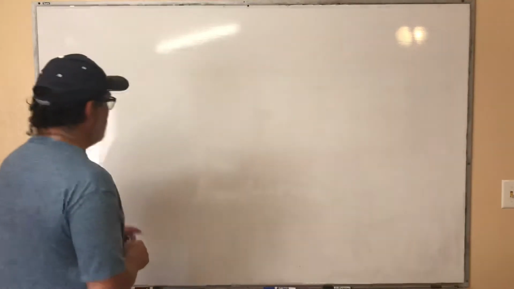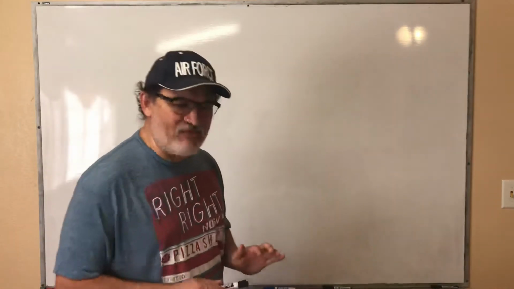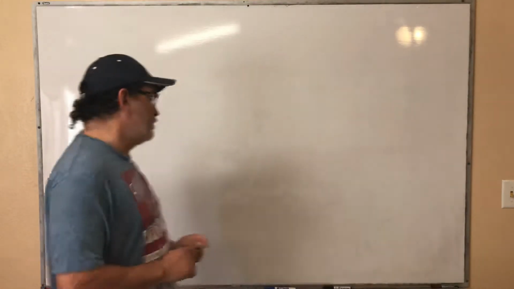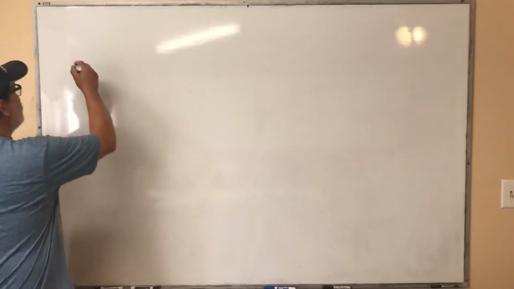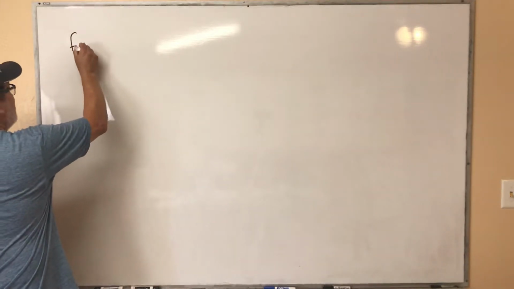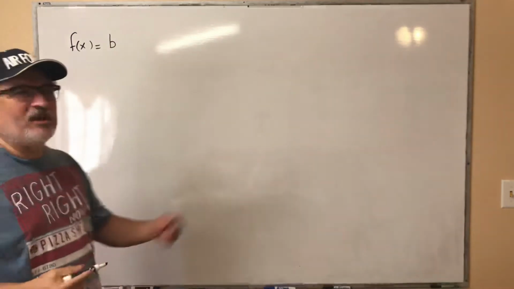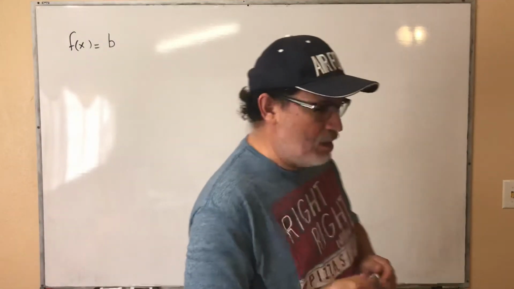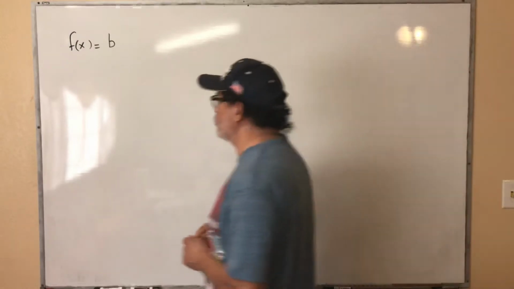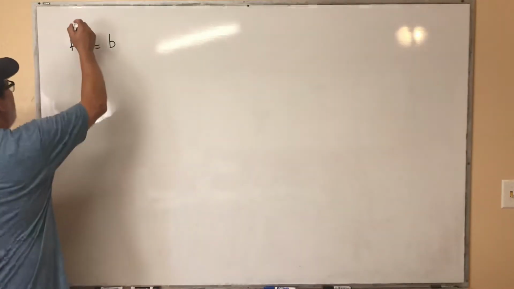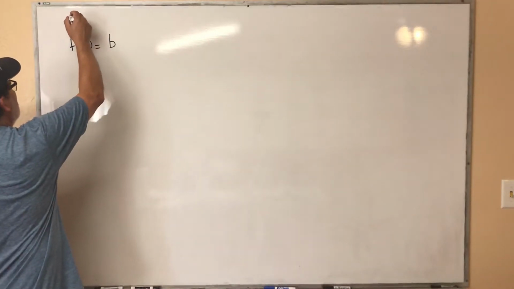Let me give you an example. A constant function is f of x equals b, where b is a number. Okay? That's a constant function. B is a number, a constant.